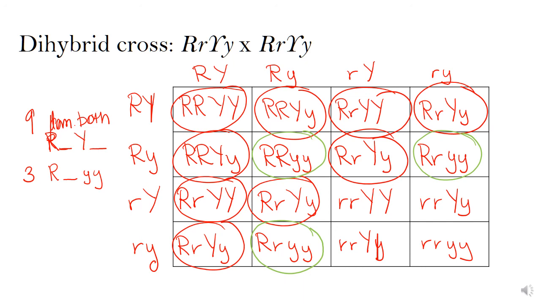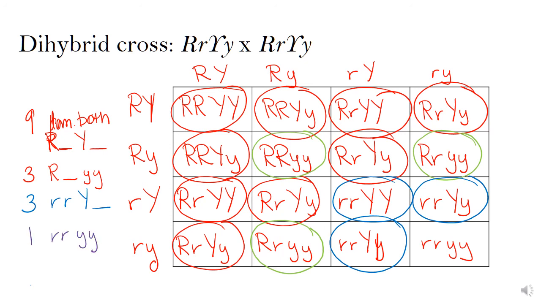Then I'll see that there are also 3 that are homozygous recessive for R and have at least 1 dominant allele for Y. Those are here, here, and here. And then in my last category, I'll see that I have only 1 that is homozygous recessive for both genes. And so this 9:3:3:1 ratio is always observed from a dihybrid cross.